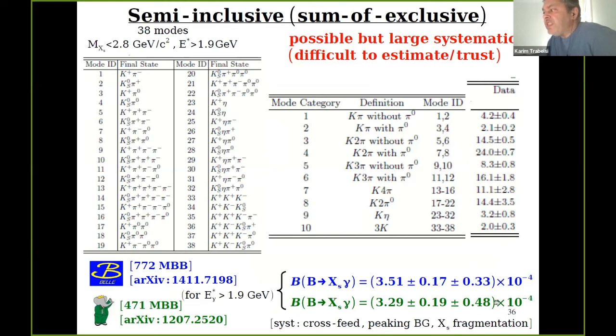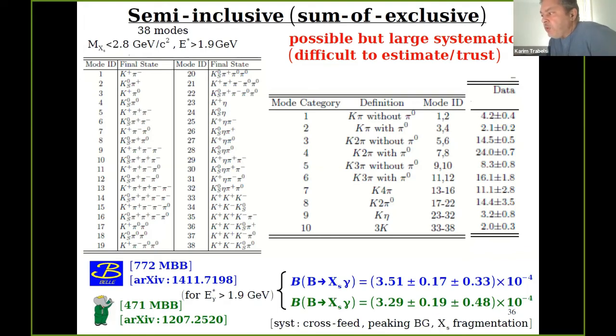However, you end up with a large systematic, which reflects the fact that you have a hard time handling or understanding this crossfeed in your detector, this contribution from other modes feeding into different final states.